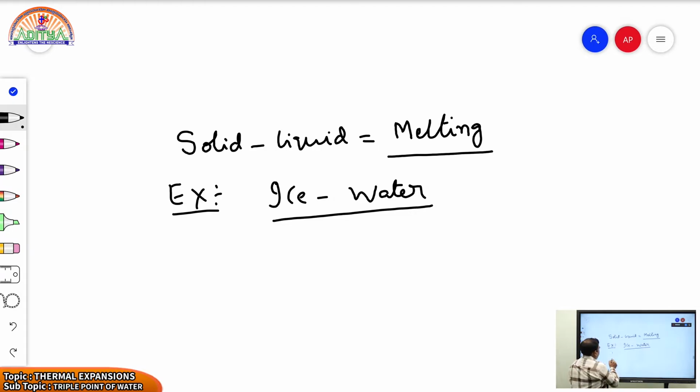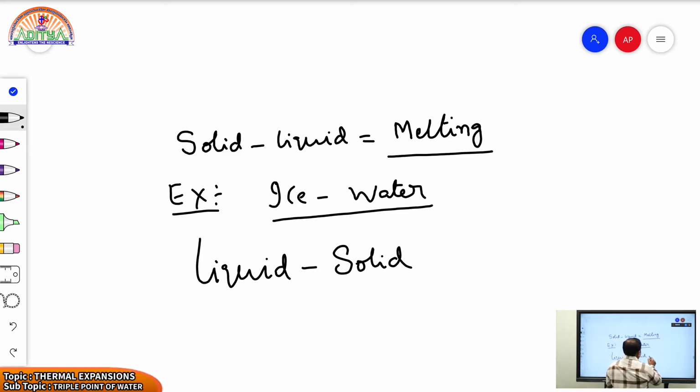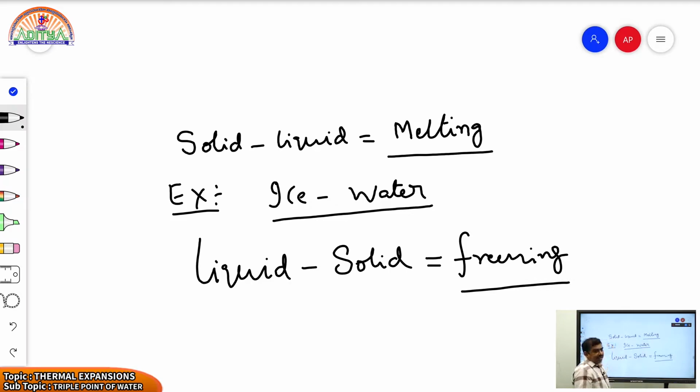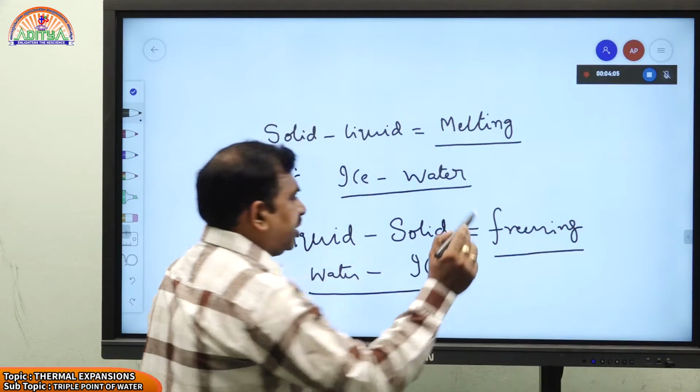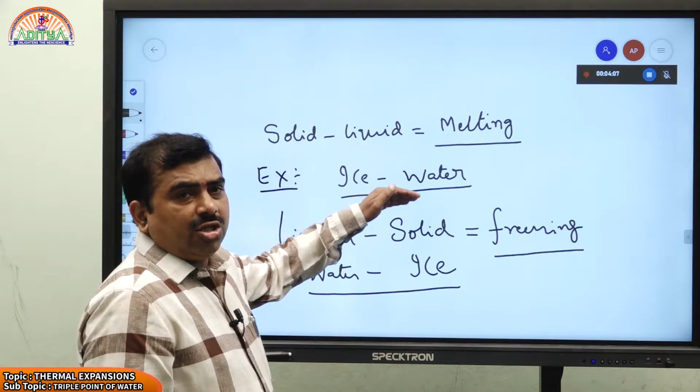Second one, liquid to solid. This is called freezing. The best example, water converted into ice.